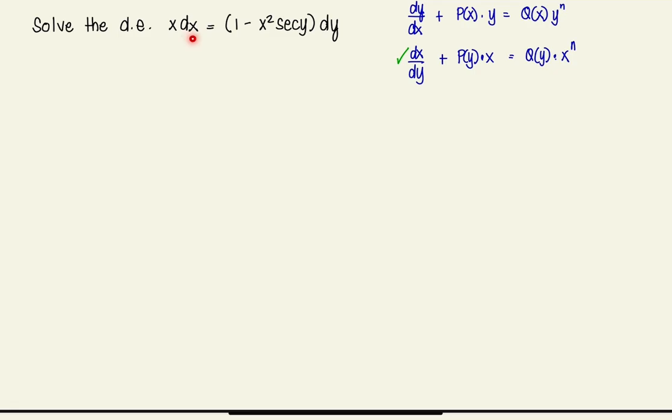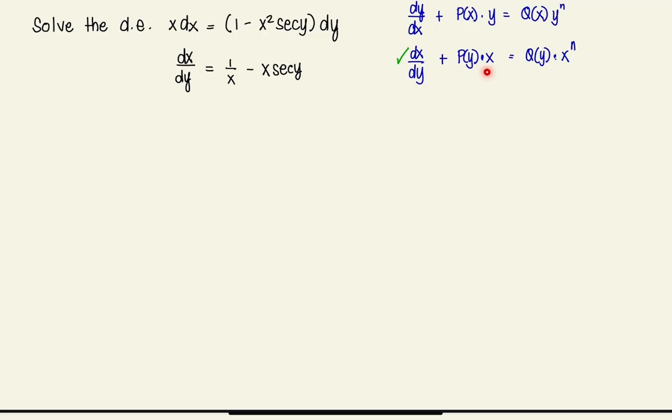So we can reduce the equation into this form by first dividing both sides of the equation by x dy. Dividing both sides by x dy, we get dx/dy equals 1 over x minus x secant of y. And then we follow this pattern.